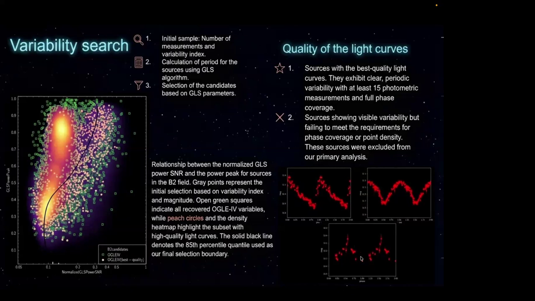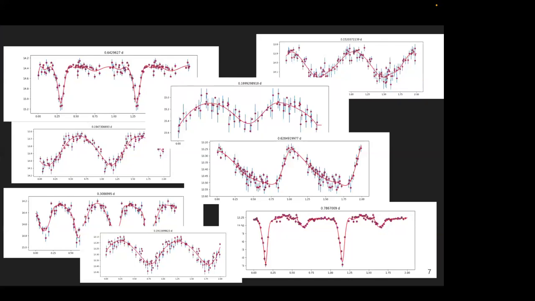While at the bottom, you will see a light curve that shows visible variability but completely fails to meet the requirements for phase coverage. And we remove these kinds of sources. They show variability, but we remove them from our catalog because we just need the best, high quality light curves. These are some examples of variable candidates in the B2 field that are fitted.